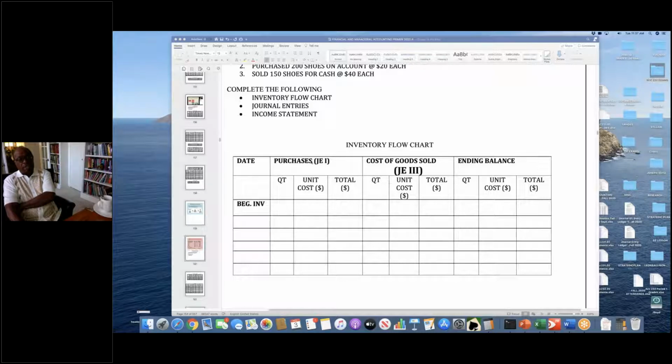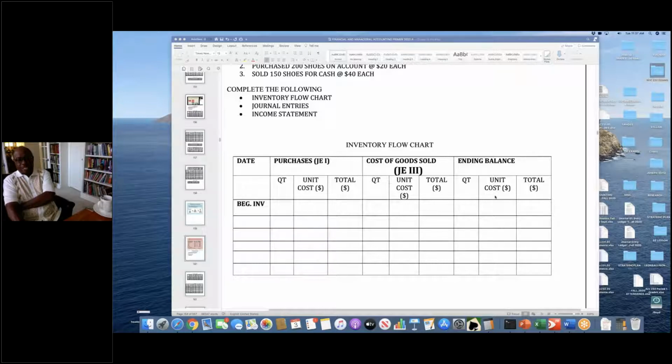We put journal entry 1, the purchase, and journal entry 3, the cost of goods sold, in the chart. We do not put the sales price in the chart. And for the third time, Dawkins, we put journal entry 1, the purchase, in the chart, and we put journal entry 3, cost of goods sold, in the chart. We do not put the sales entry in the chart.